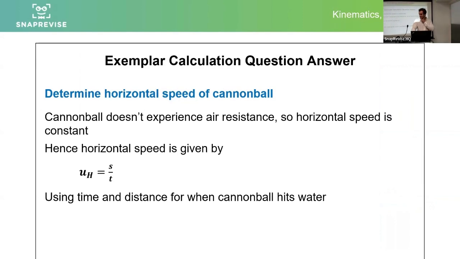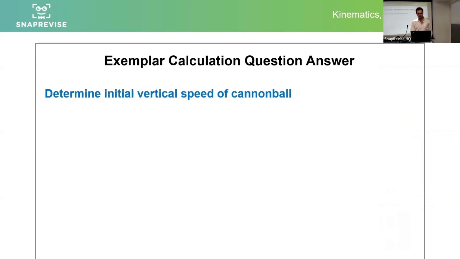We're spared the thought of resolving vectors for a little bit. Okay, 58 meters traveled in 2.7 seconds. That makes it 21.48 meters per second.